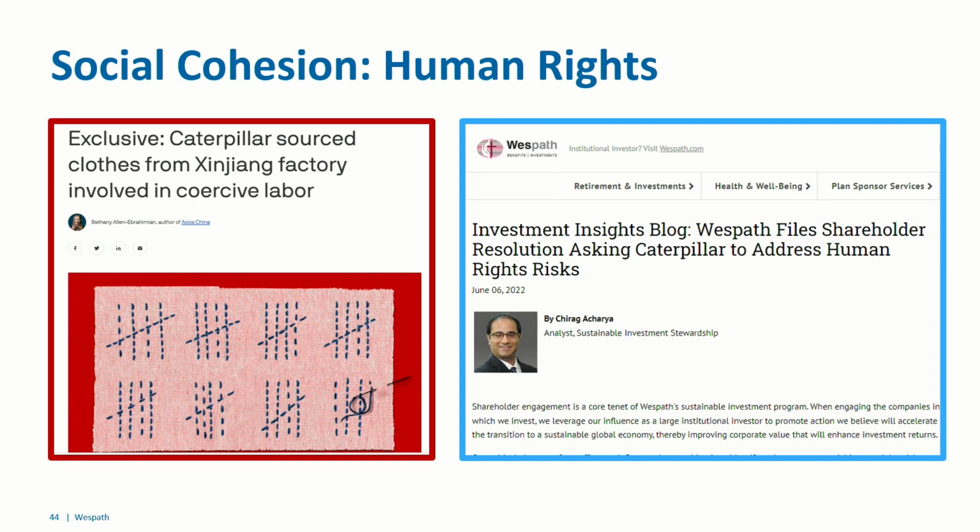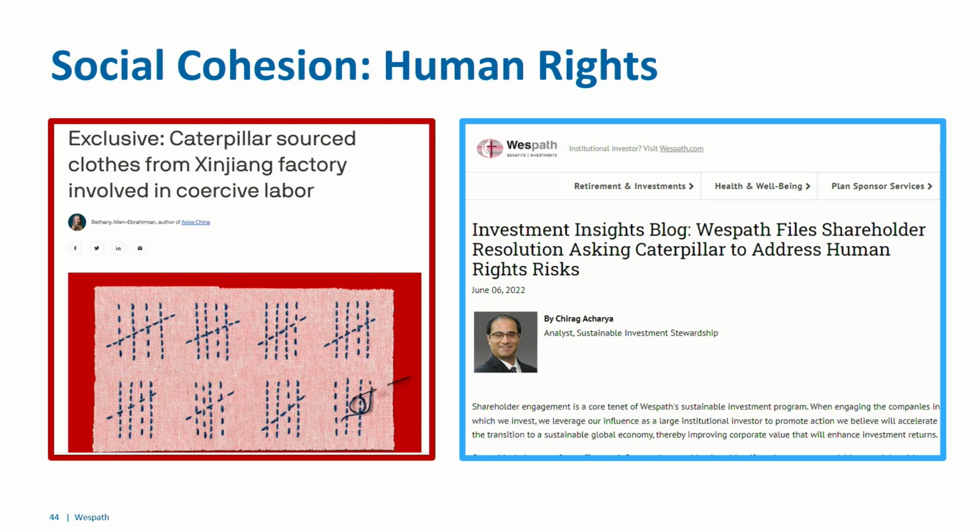Another area where we've engaged in the service of our social cohesion pillar of our sustainable economy framework is on human rights. And again, my colleague Chirag Acharya actually filed a shareholder resolution at Caterpillar asking them to address how they're handling human rights.